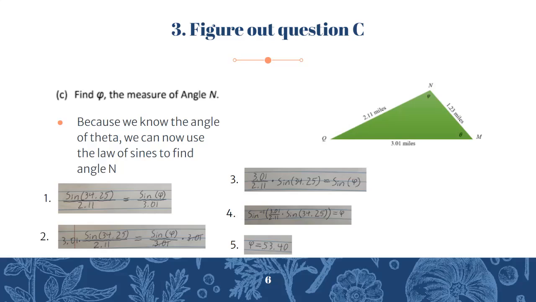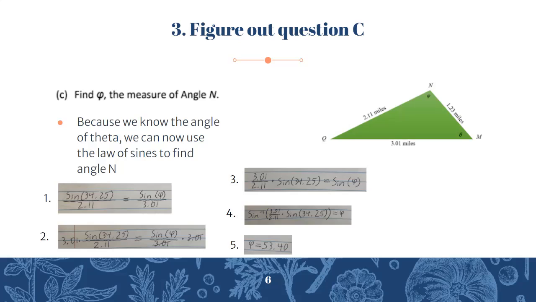And we have to get sine of phi by itself. So first we multiply 3.01 on each side. And we end up getting 3.01 divided by 2.11 times sine of 34.25 equals sine of phi. Then we have to take sine of phi from the right side of the equation and put it on the left side.